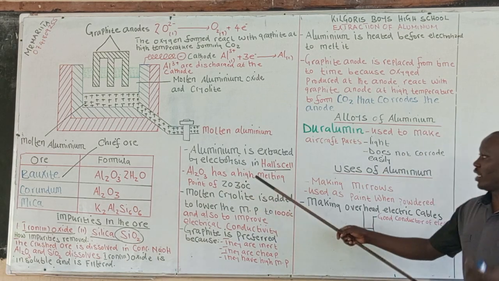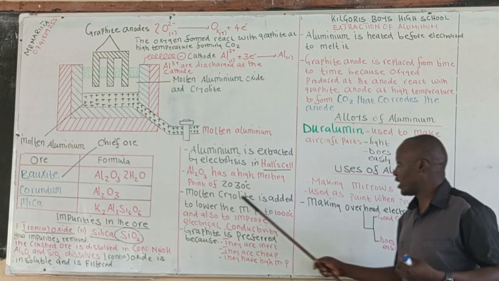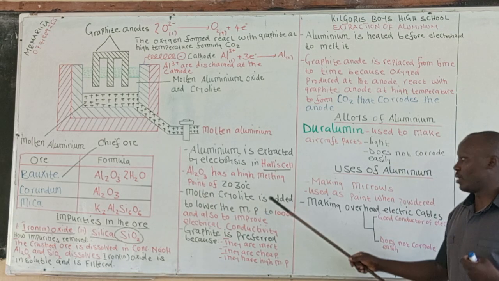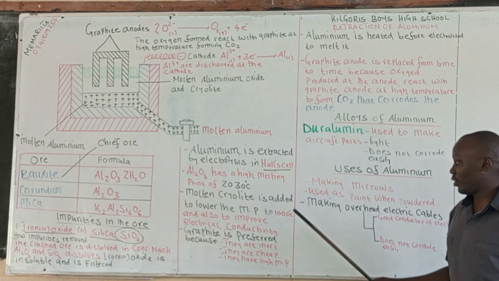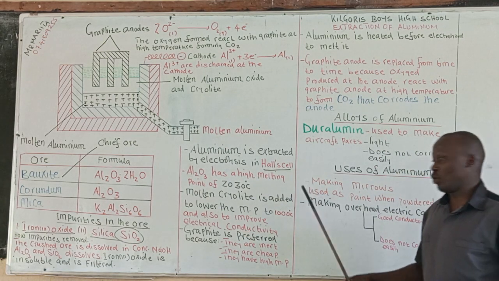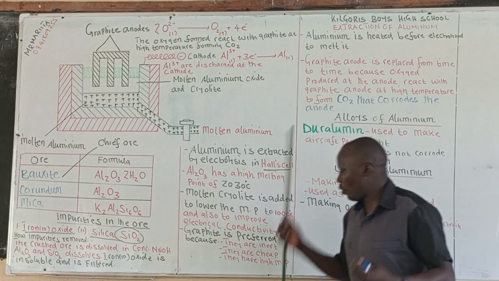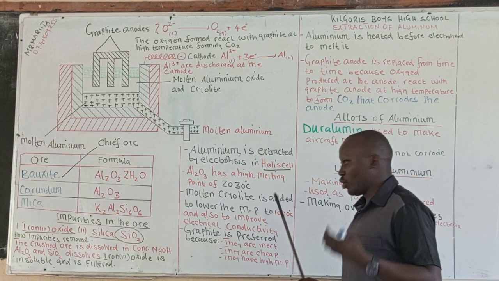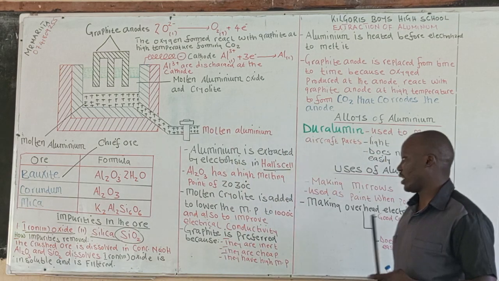The ore is dissolved in molten cryolite, which is added to lower the melting point from 2000 to around 1000, which is more economical, where the process of electrolysis can take place.